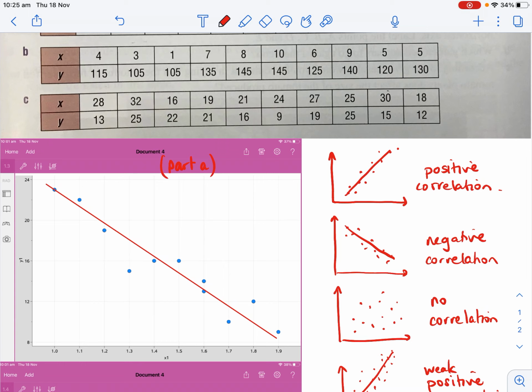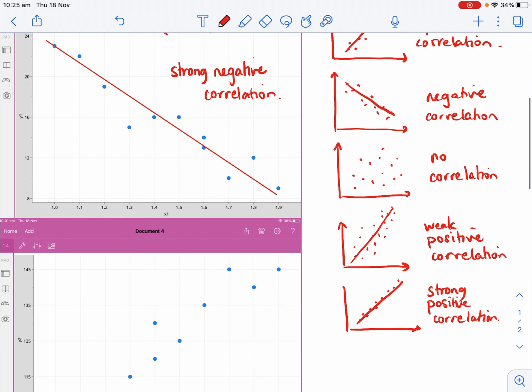My dots here are relatively close together and it is clearly going down, so I would call this a strong negative correlation.